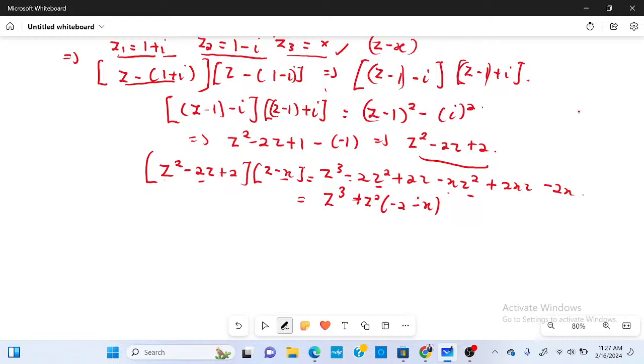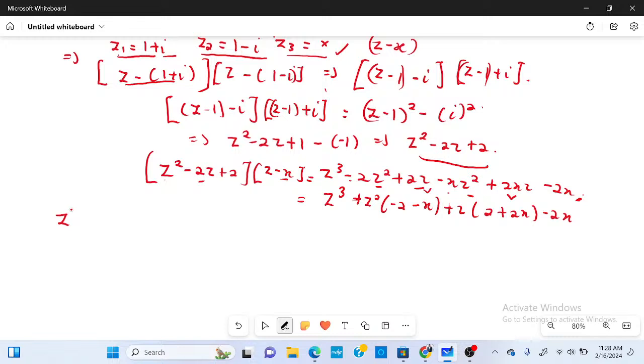Then finally I move to z. I have 2z here. Then I have 2xz here. So 2z and 2xz, I'll factorize z. So plus z, open brackets, I have 2 here, then this becomes plus 2x, right? Then finally, I have my term minus 2x at the far end here. And that gives me my simplification. Now let me draw my equality.